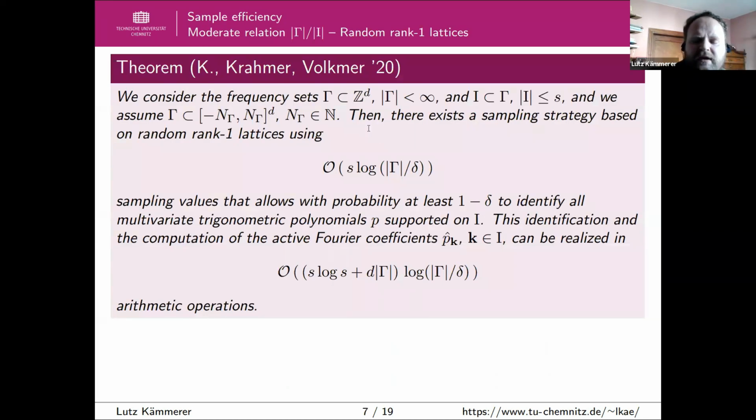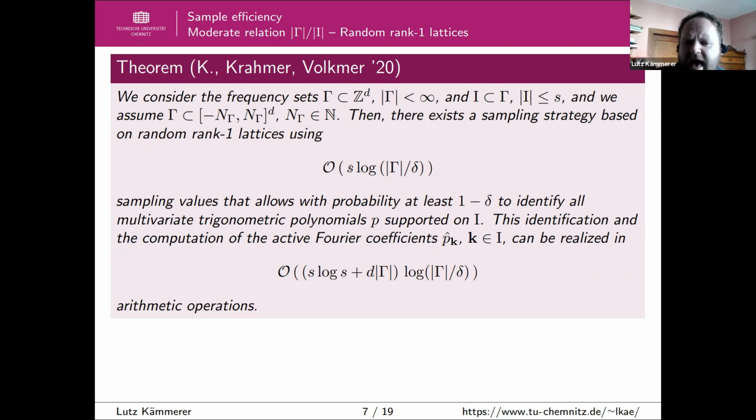If you do this, you can show that if you have such a frequency set, so such a candidate set, an index set which has at most as many elements as an active frequency index set, then you can construct the sampling set based on random rank 1 lattices. We'll explain it in a minute.